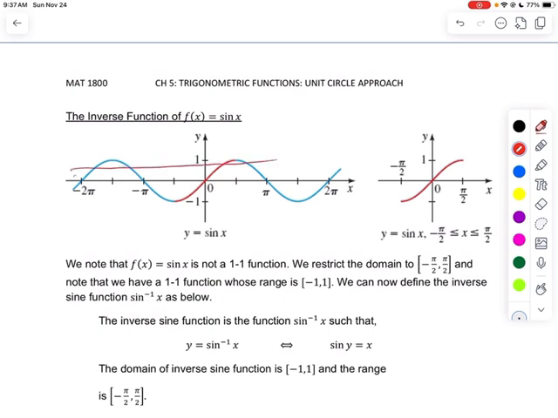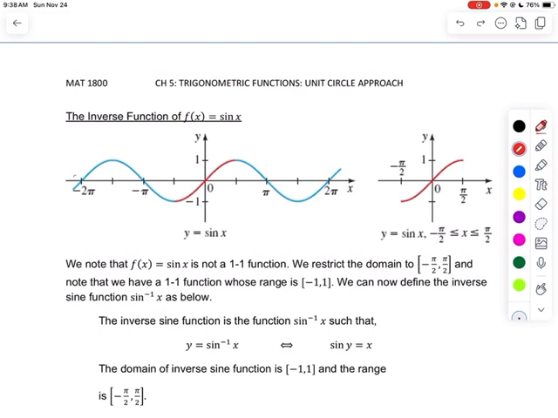Or in other words, there are two domain values going to the same y value. So this should not happen. Each domain value must go to a different, unique y value. Then it is a one-to-one function. For example, this function shown in green is a one-to-one function.